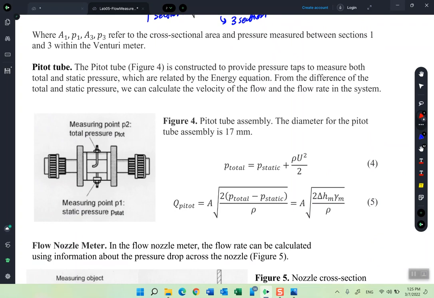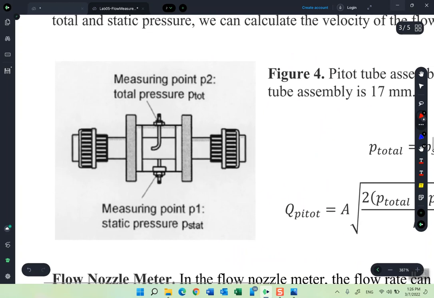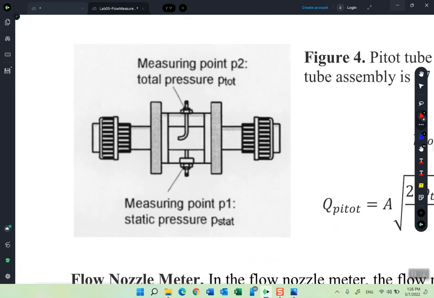The Pitot tube device is almost the same as the Venturi Tube, but the idea behind getting the pressure is a little bit different. How? If you remember, in the Venturi Tube, we reduce the cross section to increase the velocity and reduce the pressure. But here we have another way to get the pressure difference.